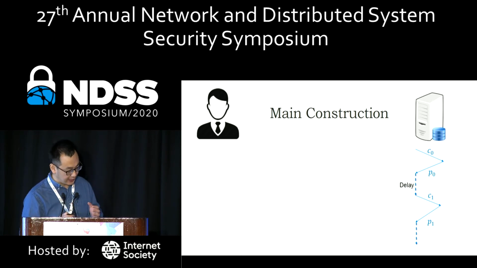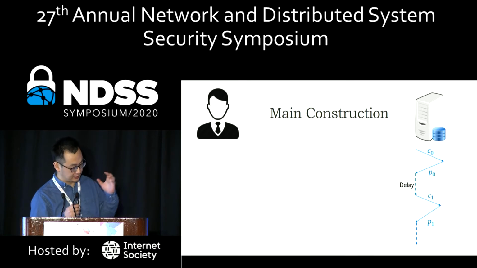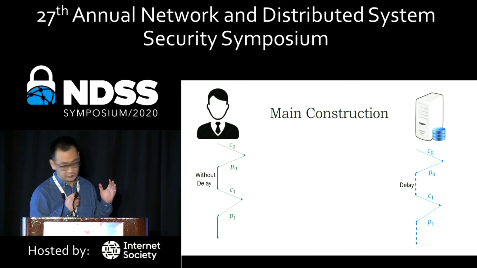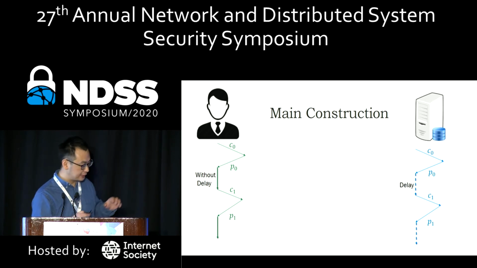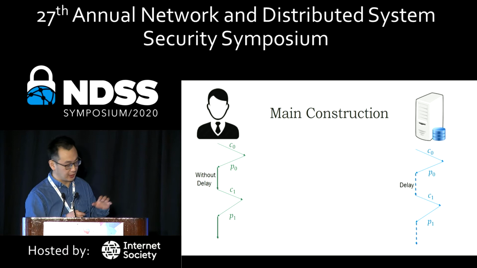But to verify the behavior of the server, our idea is to let the data owner do the same thing. The data owner will compute sequential PORs in the storage phase before he sends challenges. All the PORs as challenge and proof should be exactly equal to what the server has to compute.